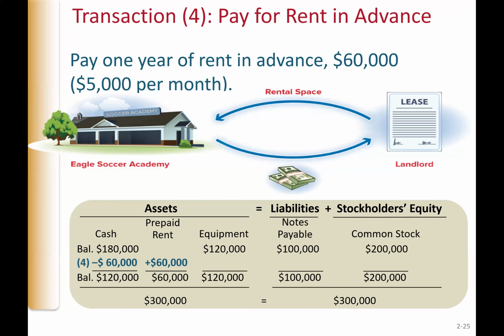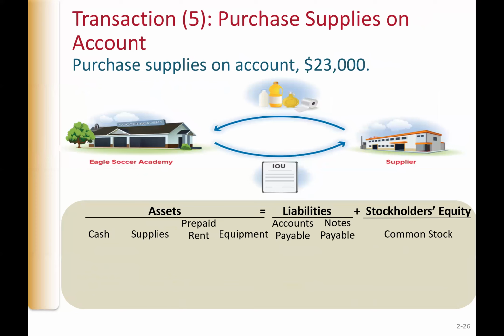Okay, moving on. We purchase supplies on account for $23,000. Well, guys, you know what this means? It didn't say we purchased supplies for cash of $23,000. It's saying we purchased supplies on account, which means we received the supplies, but we haven't paid for them yet. We owe the company money.